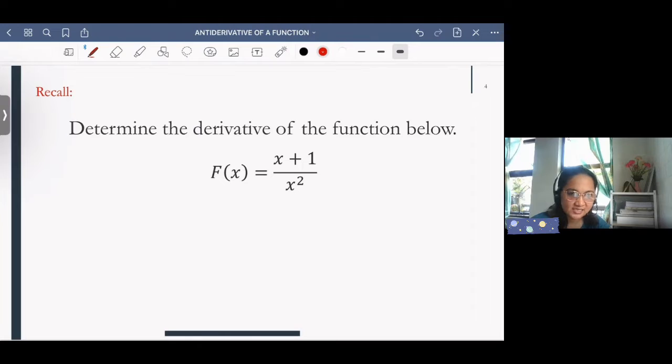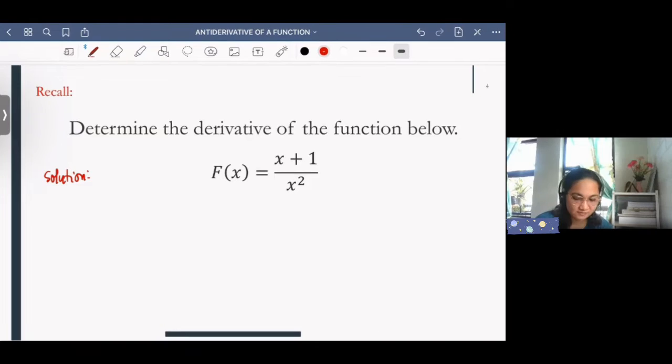For this third example, we have f of x equals the quantity x plus 1 divided by x squared. So for our solution, we have to assign first, let's say, f and g for the numerator and denominator so that we can correctly apply the quotient rule for this given function.